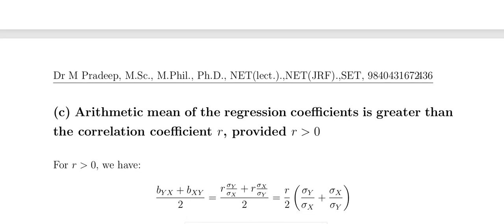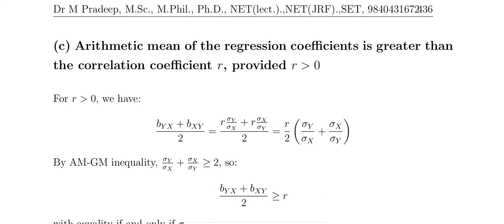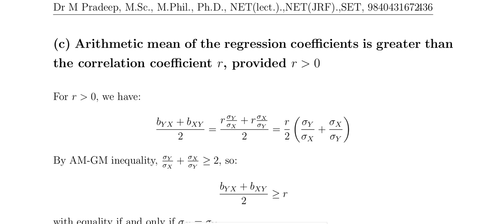And the arithmetic mean of the regression coefficients is greater than the correlation coefficient, provided r is greater than 0. That is also very important. We add the two and divide by 2, because there are only two regression coefficients. So for r greater than 0, (byx plus bxy) divided by 2 is r sigma y by sigma x plus r sigma x by sigma y divided by 2, that is r by 2 into (sigma y by sigma x plus sigma x by sigma y).